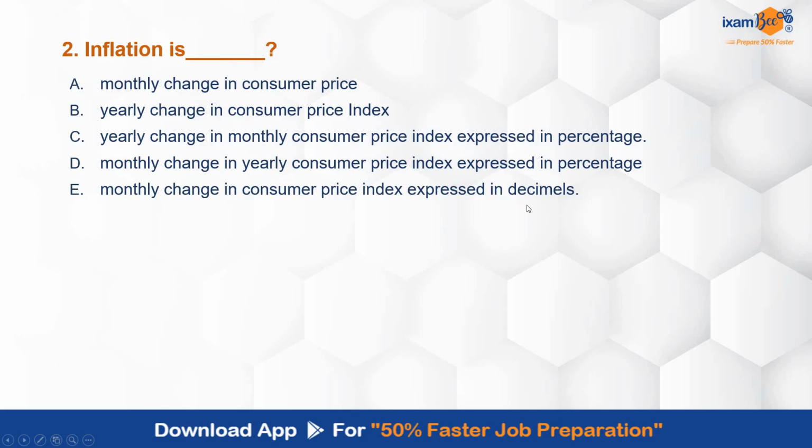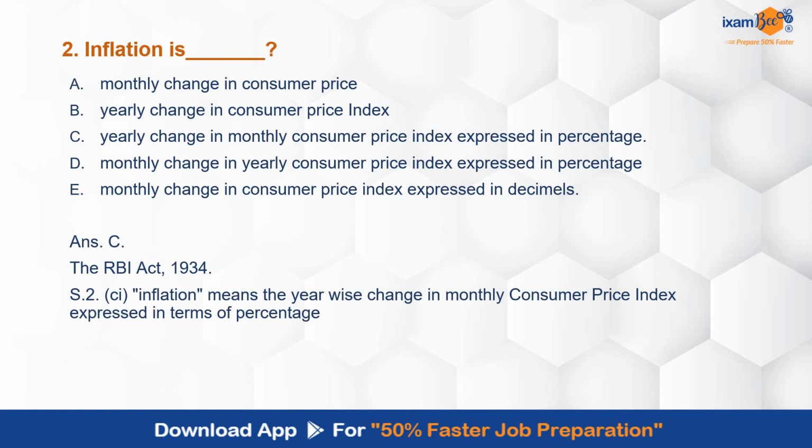If our concept is clear, then definitely we will correctly answer that. Answer is C. Yearly change in monthly consumer price index that is expressed in percentage. RBI Act 1934 Section 2 in definition CI discusses inflation, and that happens year wise in percentage, monthly CPI.